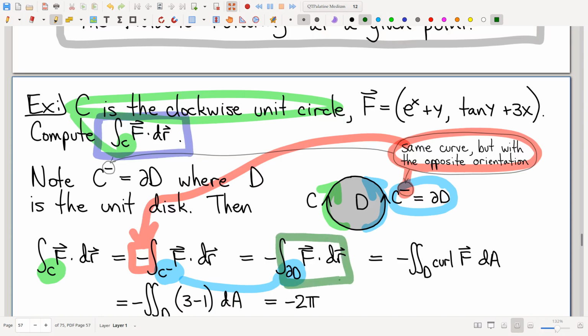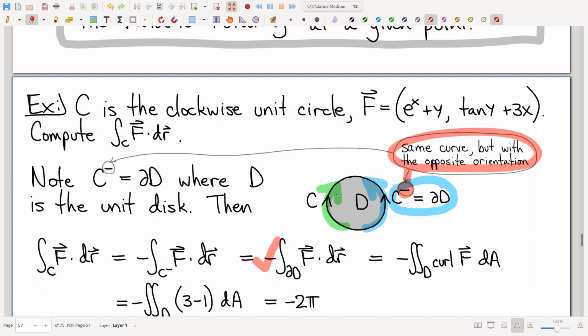Green's theorem says that boundary line integrals are double integrals over the interior of the curve. And now we've transformed the question: how easy is this double integral going to be? Well, we'll get to that in a second. It turns out really nice. But before we move on, does everybody see how I negotiated my way into having a curve that's a boundary and then invoked Green's theorem? Everybody happy with that? And of course the minus sign comes along for the ride.